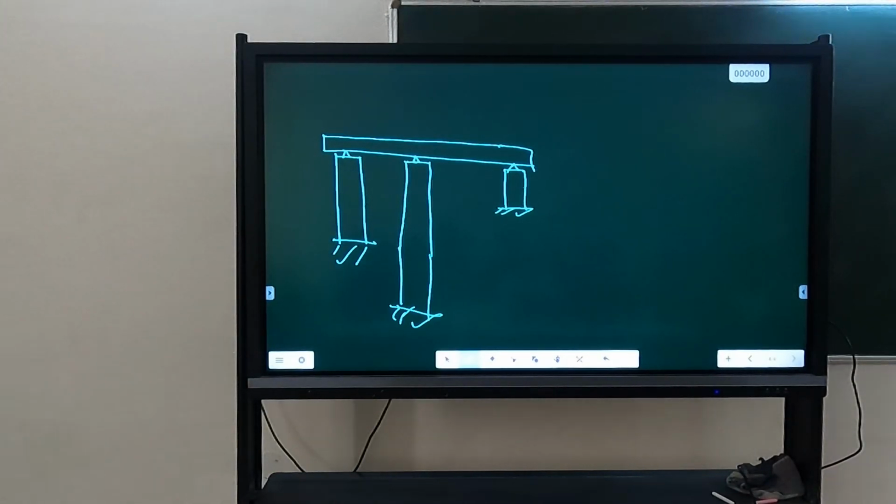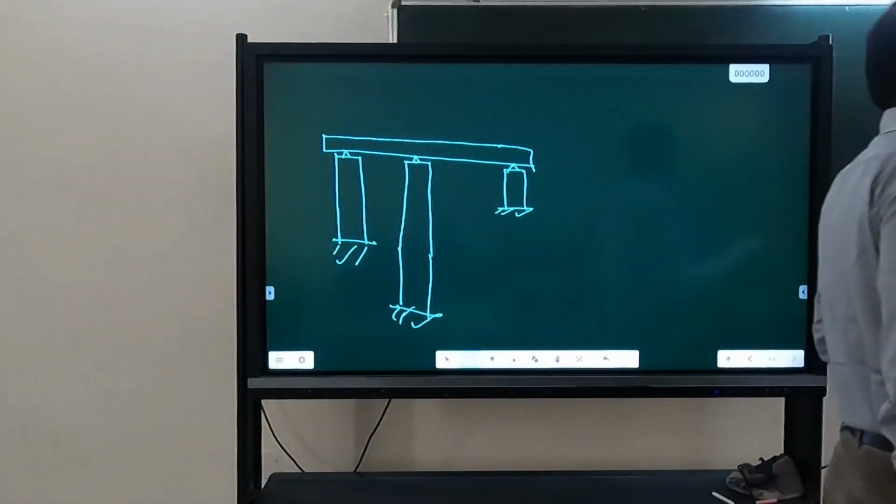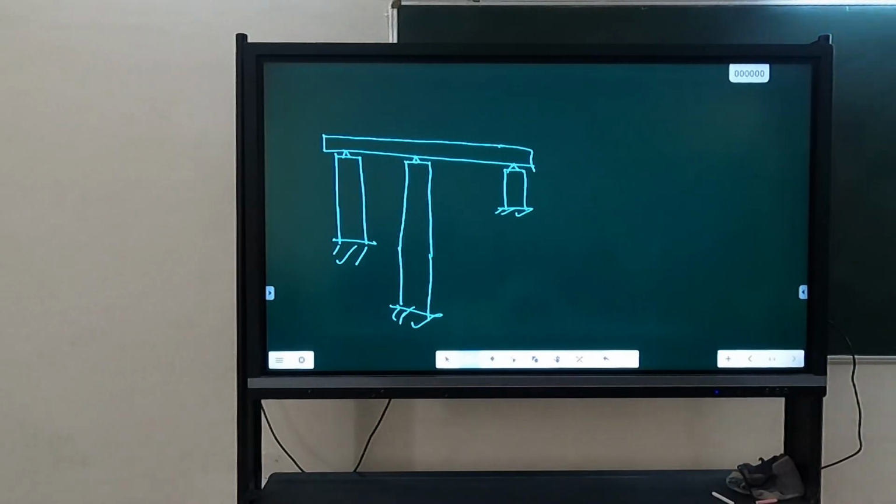I don't think there is any issue in this. Any problem? Yes, we can solve that. Let's go to question number 3. Since there is a hinge condition, plastic hinge will not form in the superstructure.